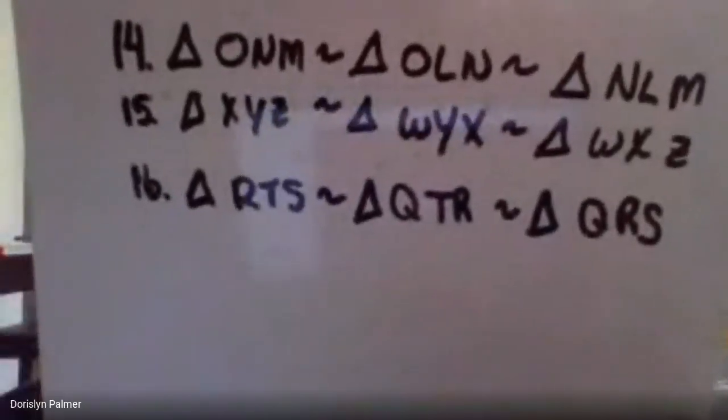All right, so it's that one in the middle again. Should be QTR. So the big one, RTS is similar to QTR, is similar to QRS. Okay, and Grace, the last one.